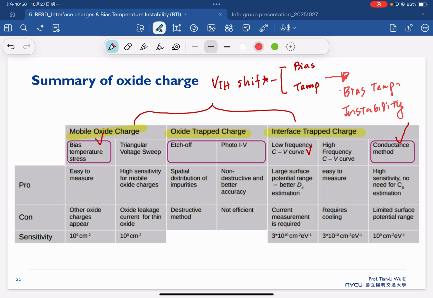However, sometimes it is very difficult to clearly specify the trapping because the technology is way too complicated. So in the end, we just characterize the threshold voltage and try to understand why it shifts, and we call this phenomenon bias temperature instability.